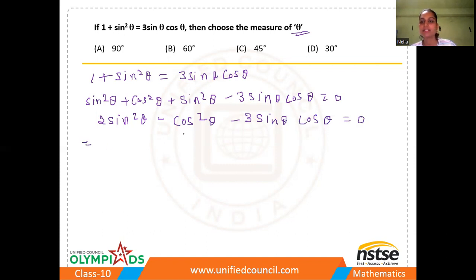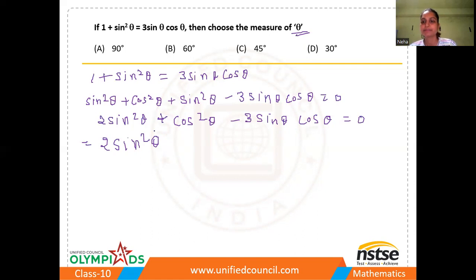Now here I can do one thing. This is sin square theta plus cos square theta, so sin square theta plus sin square theta is 2 sin square theta, and this is plus cos square theta.